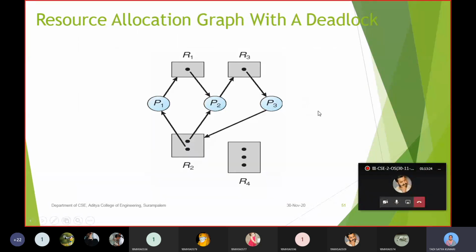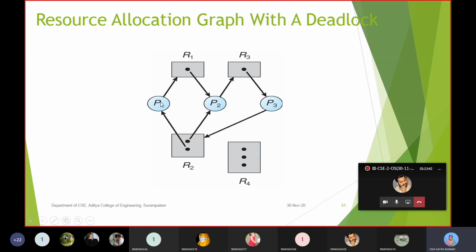So here, for example, you start at P1, P1 to R1, R1 to P2, P2 to R3, R3 to P3, P3 to R2 and R2 to P1. That is one cycle, you can say.